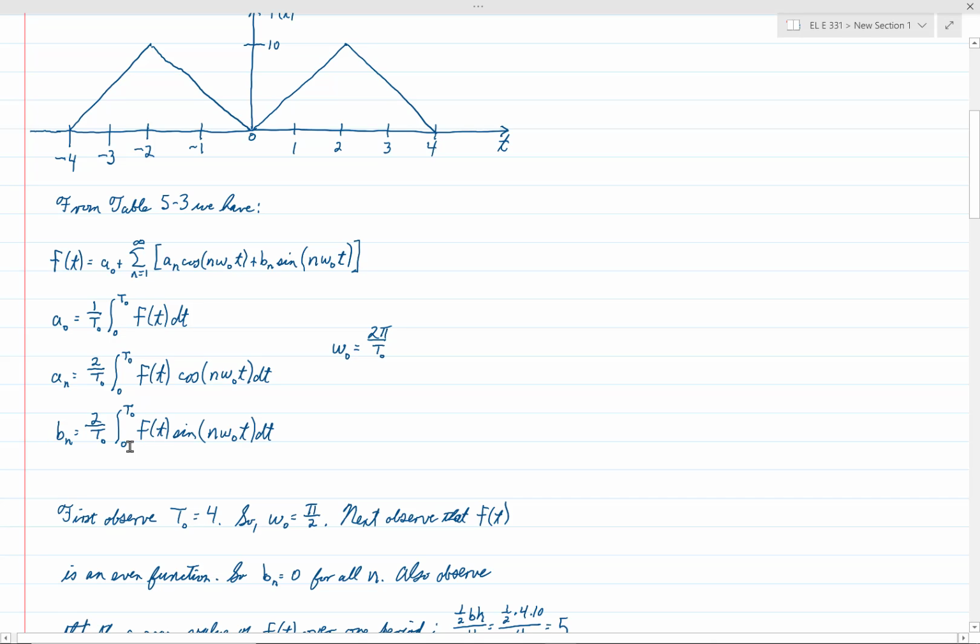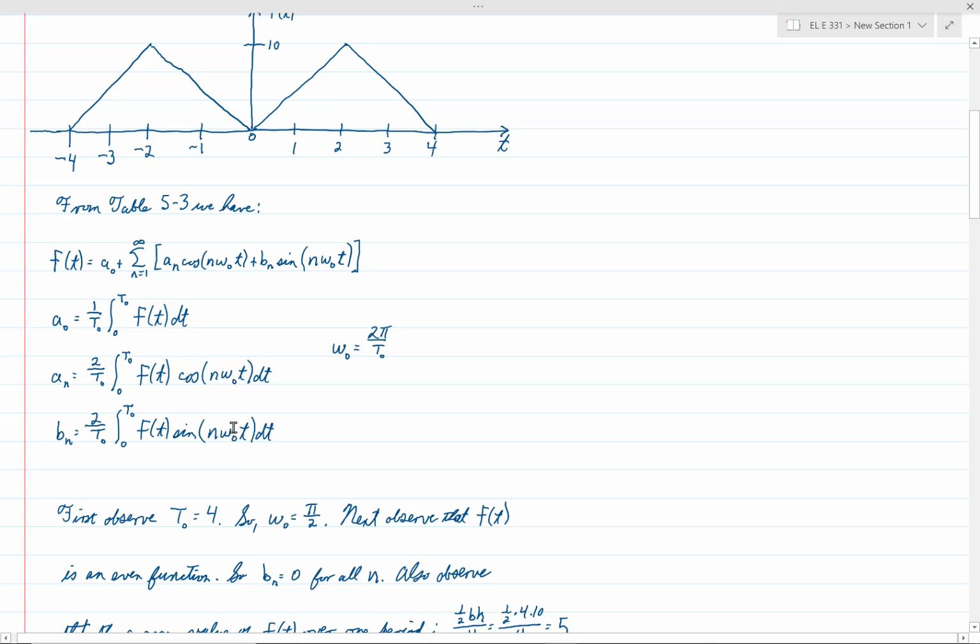Okay, so we have the integral from t0 over 2 to the left of 0 to t0 over 2 to the right of 0. Now, we've already said that f of t is an even function, and sine of n omega naught t is an odd function. An even function multiplied by an odd function will always be odd.